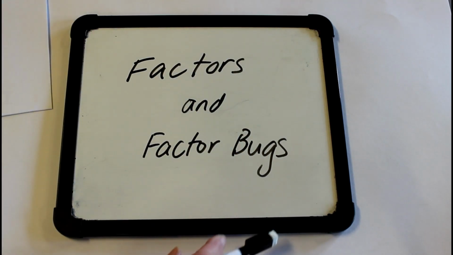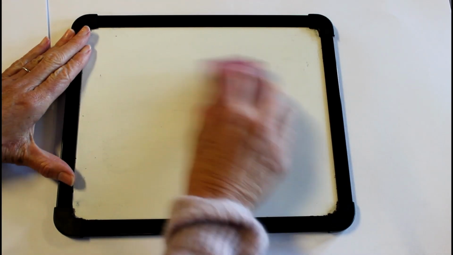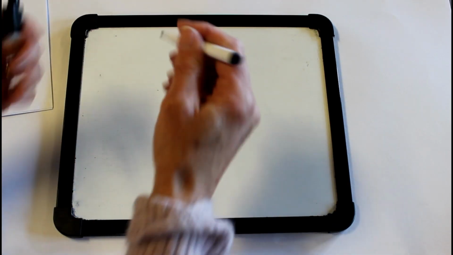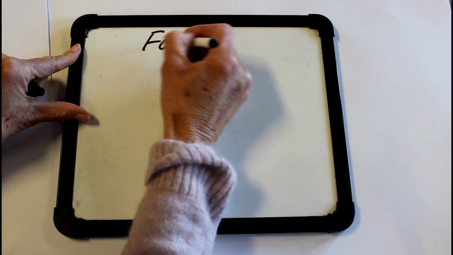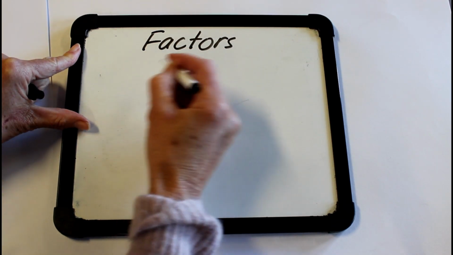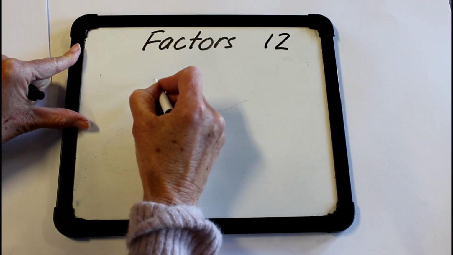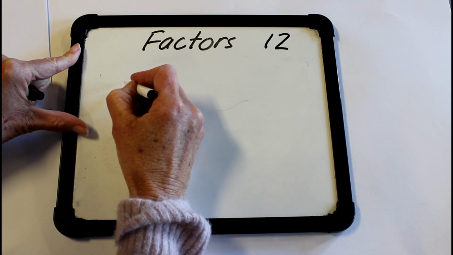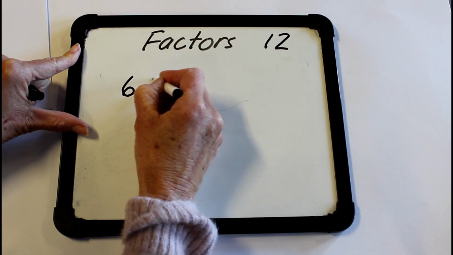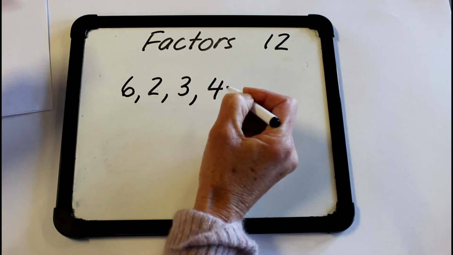Let's have a look at the factors of 12. I'm going to keep that word factors up there because it's a little bit of a new word for some of you. So here is 12, the factors of 12. We have got 6, 2, we know we've got 3, we know we've got 4.